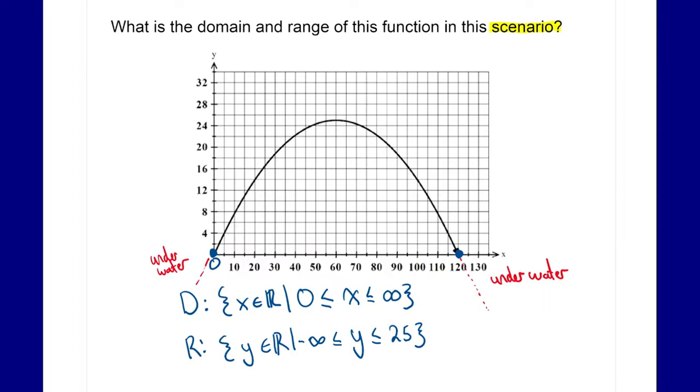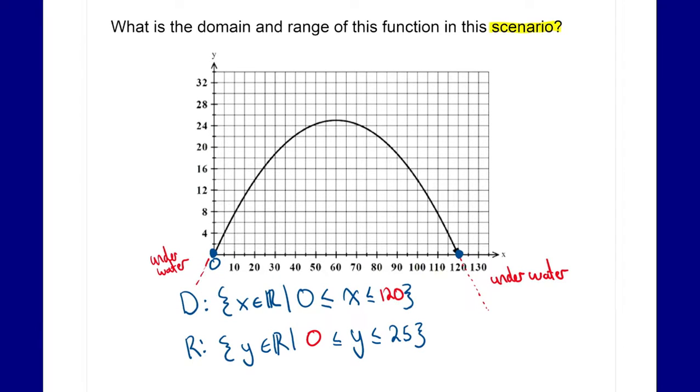The lowest our bridge can be is 0, not negative infinity, because our bridge isn't going into the water. The highest up here at 25 is fine, but we need to make the changes so that our lowest range is 0 and that our highest for the domain is 120.